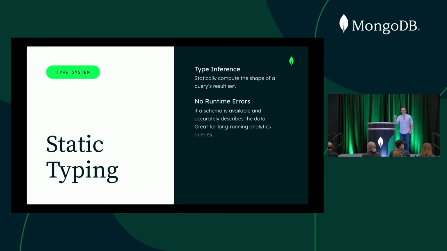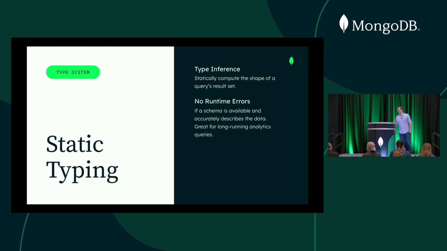The next benefit of static typing is that it allows us to provide some really important guarantees. In particular, we can promise you that an Atlas SQL query will not error at runtime as long as the schema information that we have about the collections is correct. So this is incredibly useful, especially for analytics queries, which tend to be longer running queries.